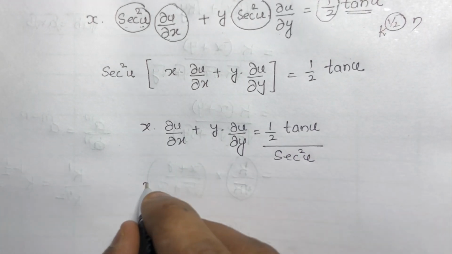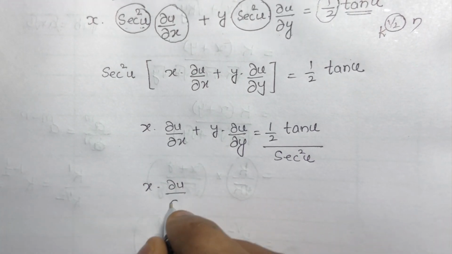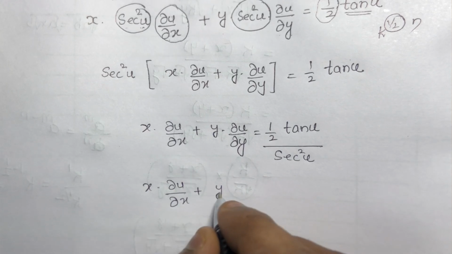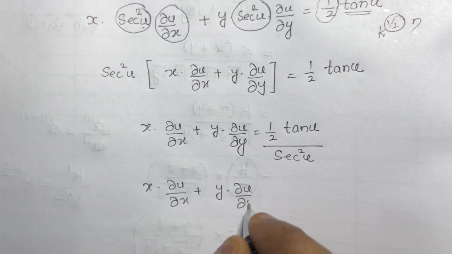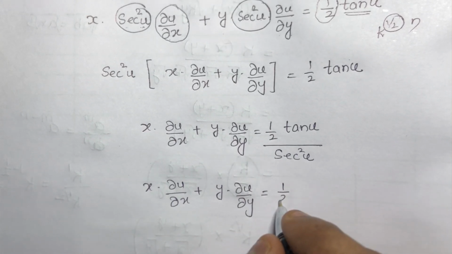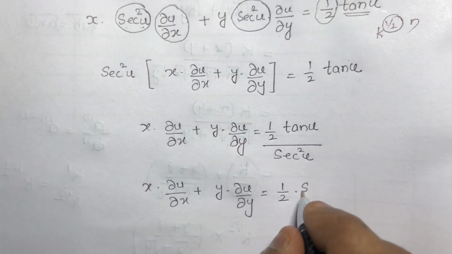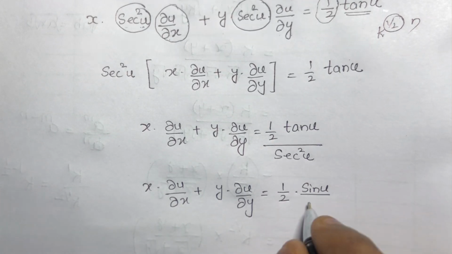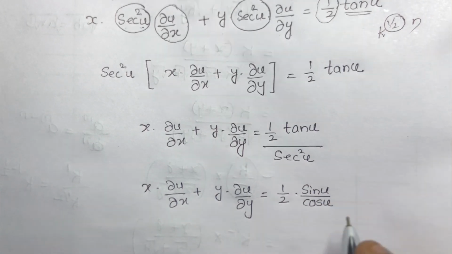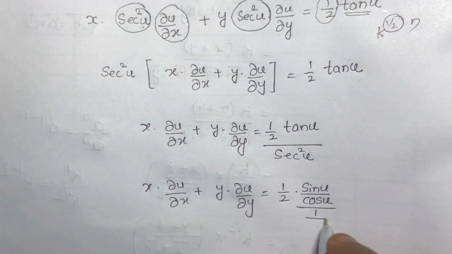So the next is simplification. x into ∂u/∂x plus y into ∂u/∂y is equal to 1 by 2 tan u. I can write it as sin u by cos u. Secant square u can be written as 1 by cos square u.